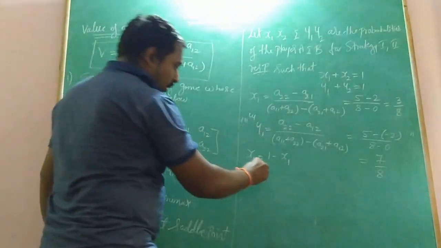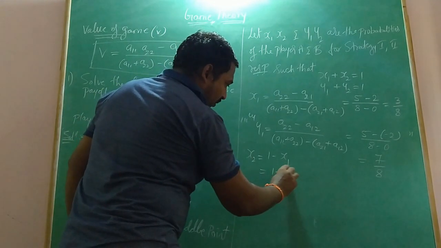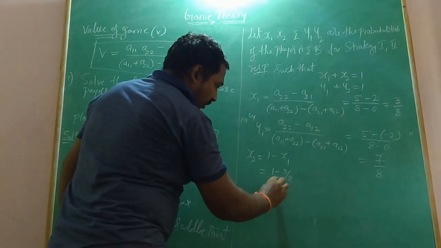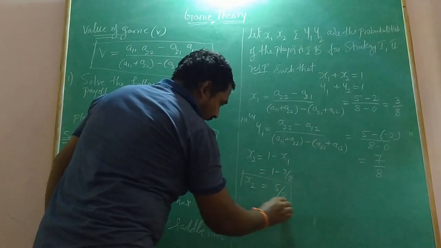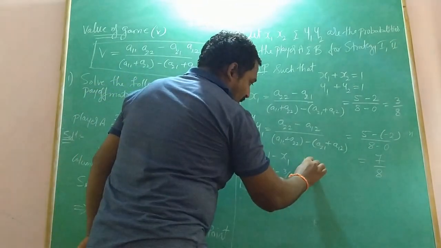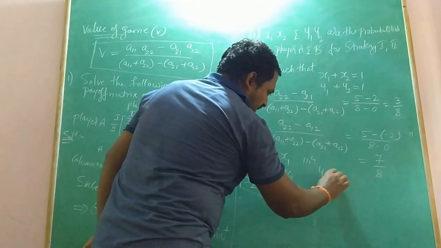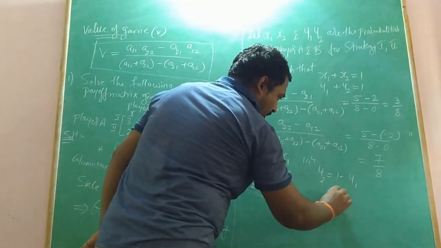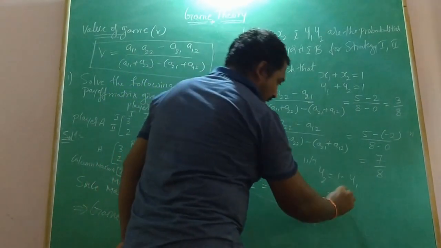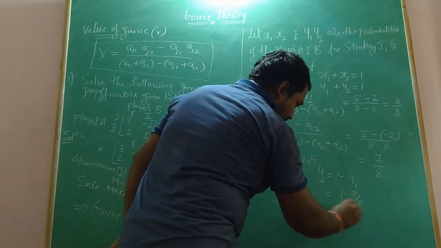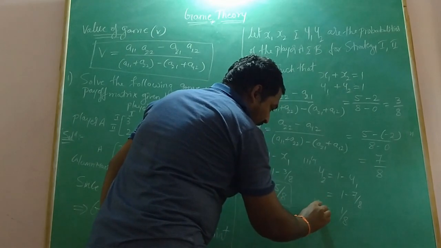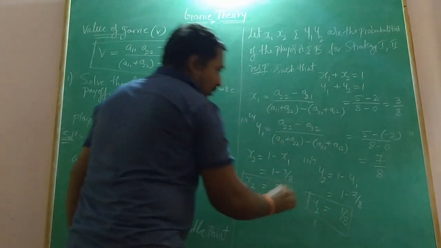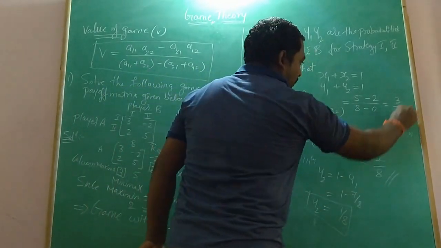You know the value of x1 is 3 by 8, so 1 minus 3 by 8, 8 minus 3 is 5 by 8. That is the x2 value, 5 by 8. Similarly y2 is 1 minus y1. The value of y1 is 7 by 8, so 1 minus 7 by 8, 8 minus 7 is 1 by 8. That is the y2 value.